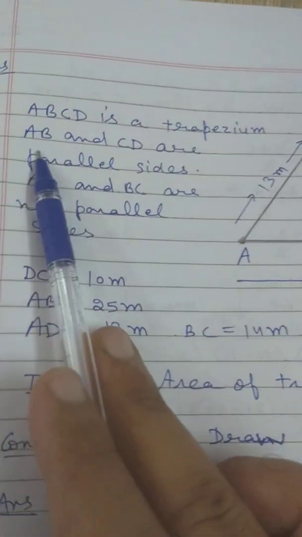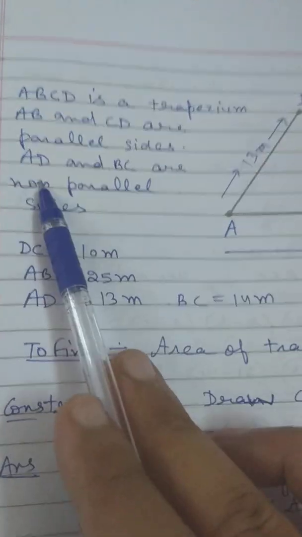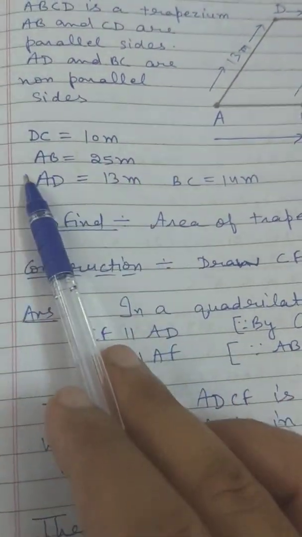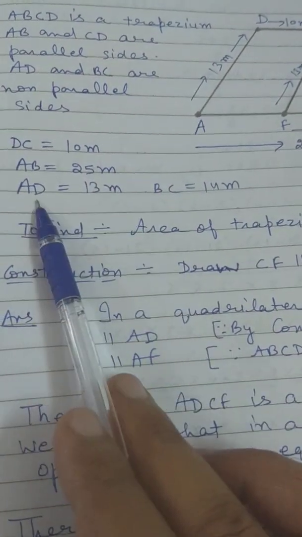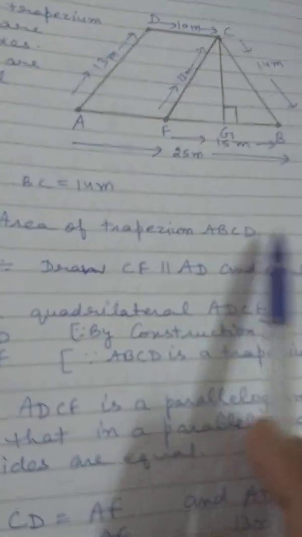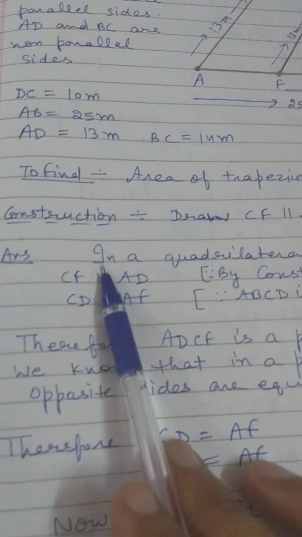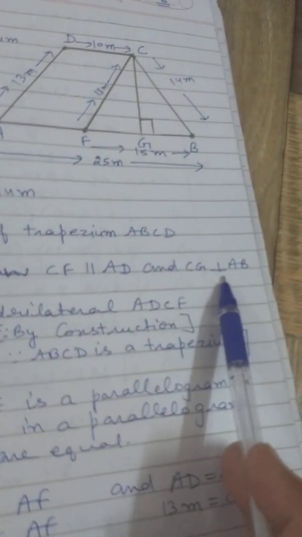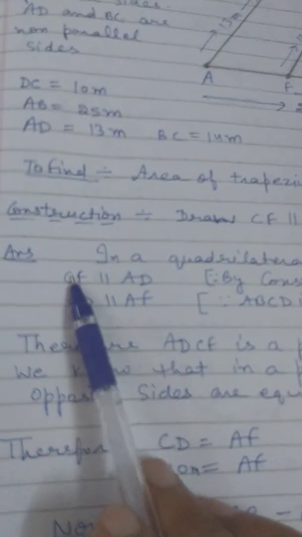ABCD is a trapezium. AB and CD are parallel sides. AD and BC are non-parallel sides. DC equal to 10 meter, AB equal to 25 meter, AD 13 meter, BC 14 meter. To find area of the trapezium ABCD. Construction: draw CF parallel to AD and CG perpendicular to AB.